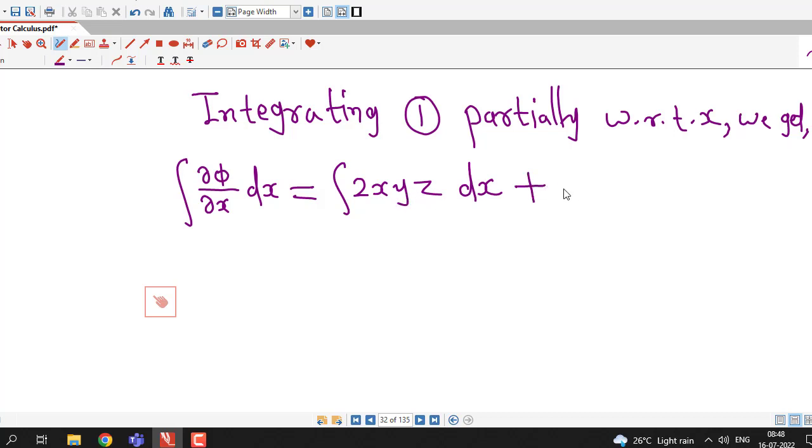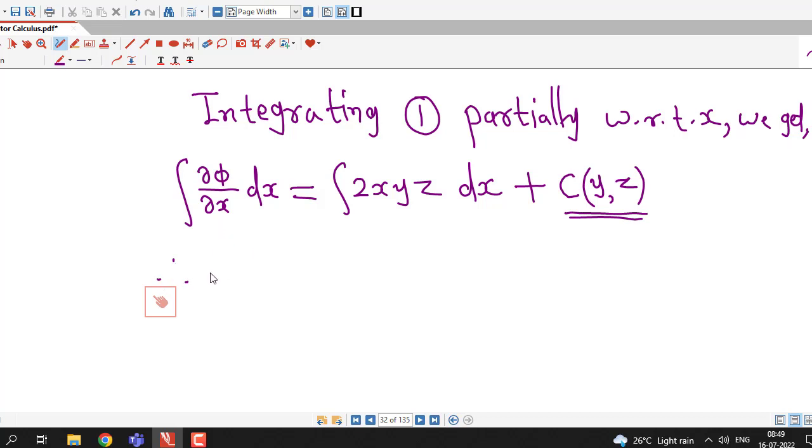Therefore, the constant of integration must be a function of y and z, because y and z are constants while integrating with respect to x. Therefore, terms containing y and z only, or terms which are independent of x, will be considered as constant of integration. So instead of writing plus c only, we are writing c as a function of y and z.